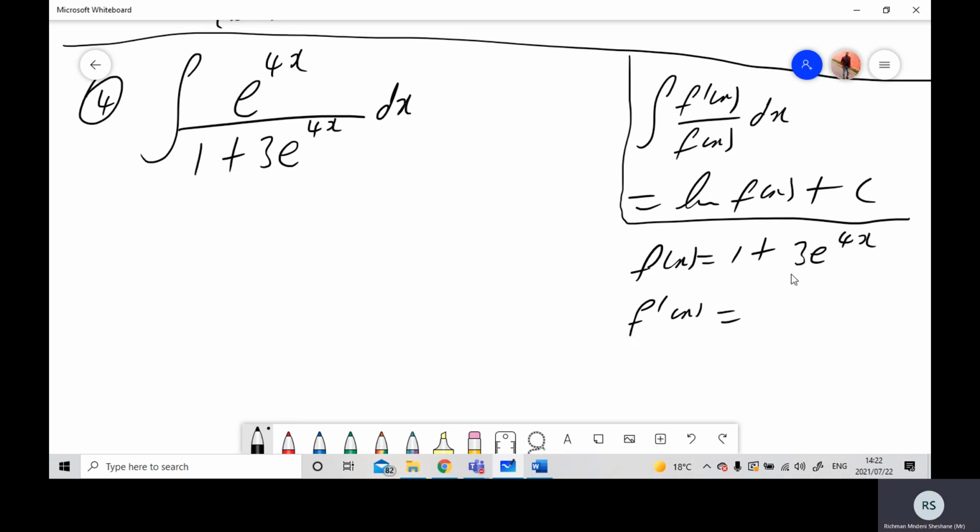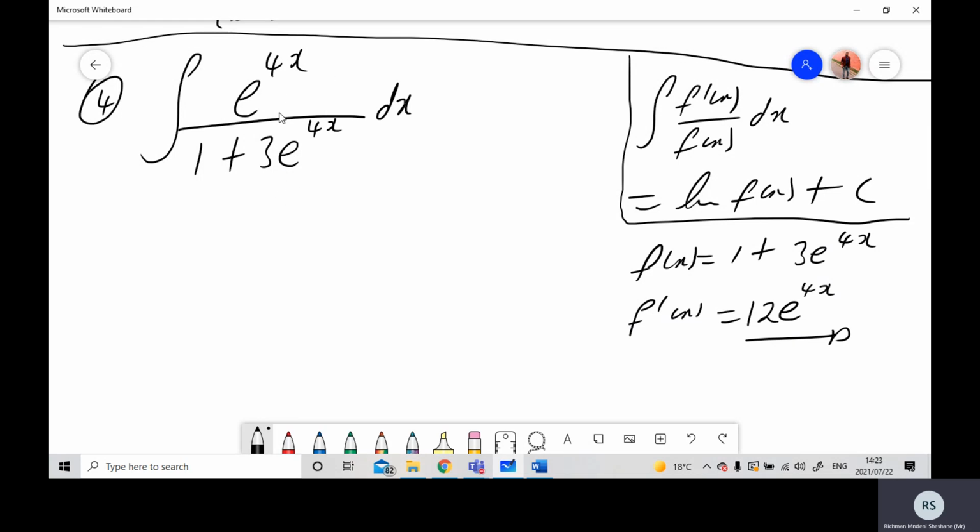The derivative of a constant is 0, and the derivative of e to the function is e to the function, 4x, multiplied by the derivative of the inner function, which is 4. So this 4 will multiply with 3 and make it 12. This is the derivative of f of x, the derivative of the denominator function.